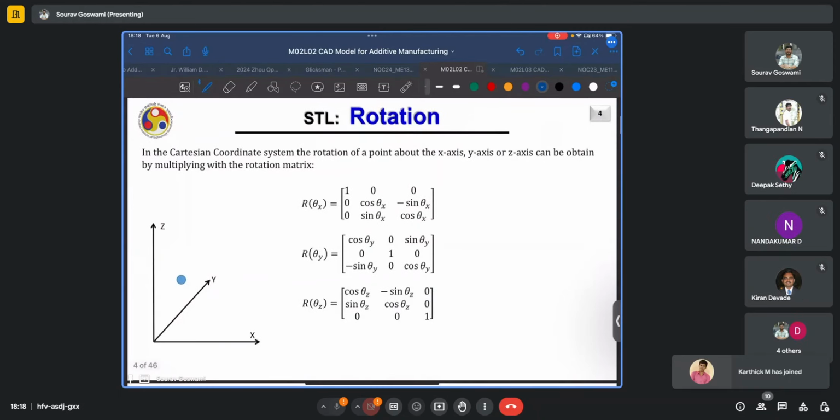That was the case for the Cartesian coordinate system for pure rotation over the x-axis only, and it is easily possible to derive the same relationships for pure rotations about the other axes. So here we have the rotation matrices for rotation about the x-axis R theta x, for the y-axis R theta y, and for the z-axis R theta z.